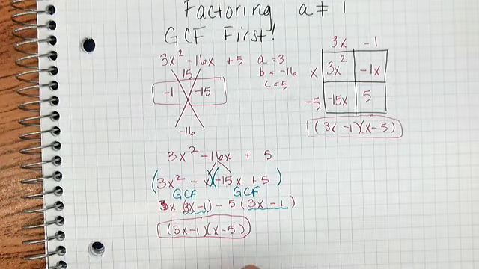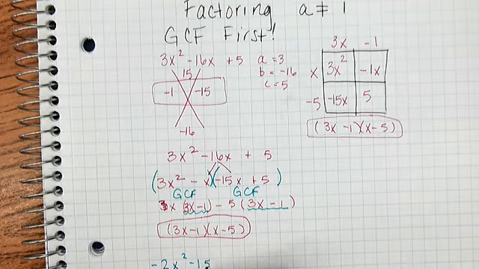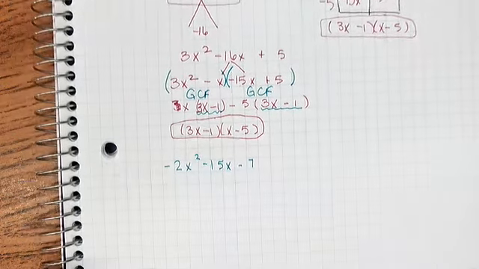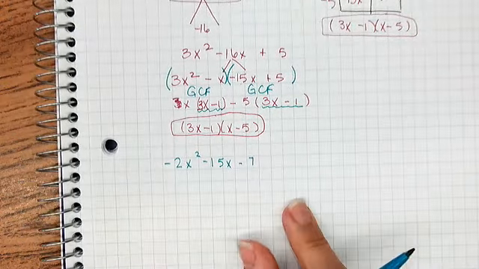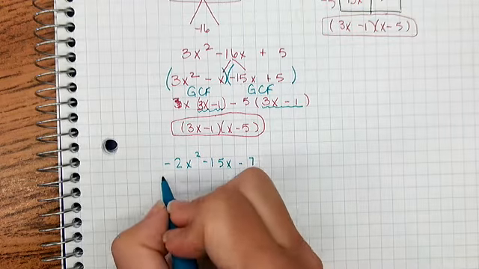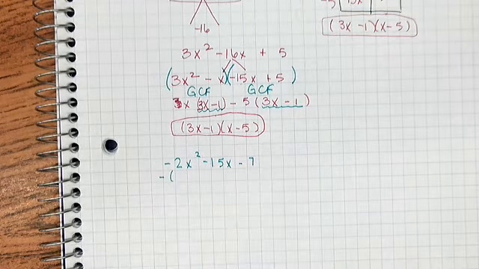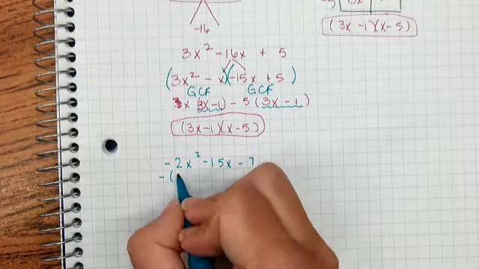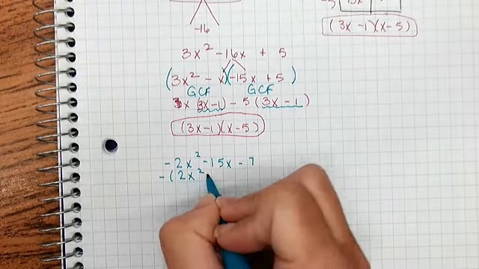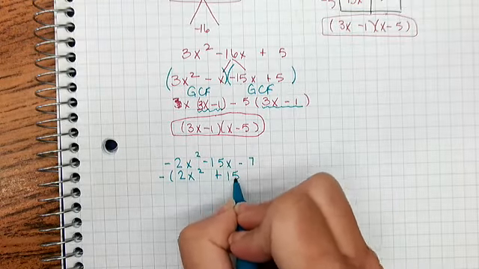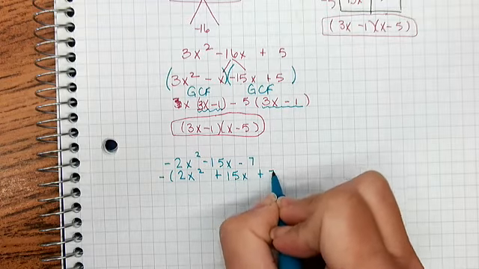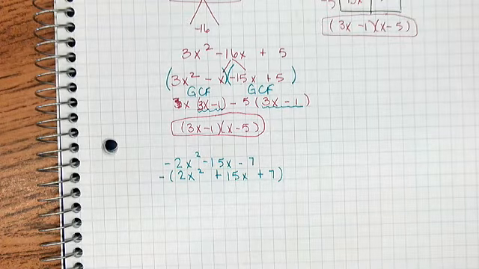Okay, how about something like negative 2x squared minus 15x minus 7. All these negatives are icky. I'm going to factor out a negative 1, which is going to leave me with 2x squared plus 15x plus 7.